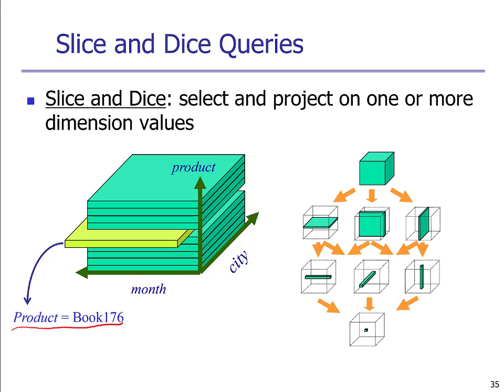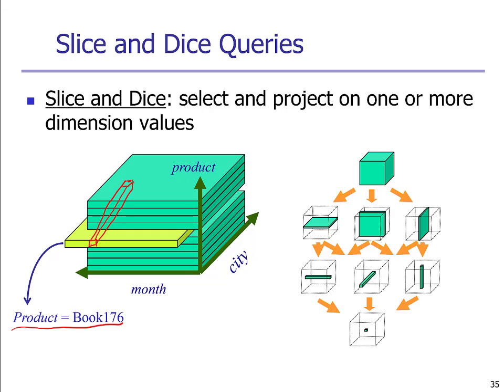For dice, we do the projection on more dimension values. For example, if we want the sales data on this specific product and, for example, on March, of course in different cities, then you can imagine what we have eventually is such a cube.